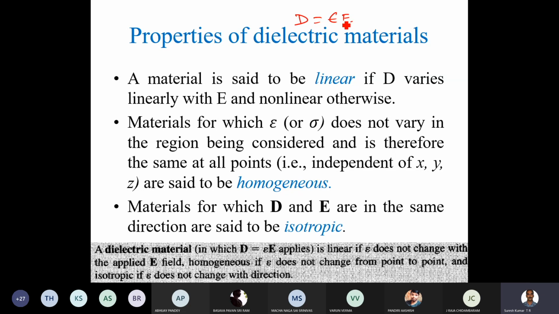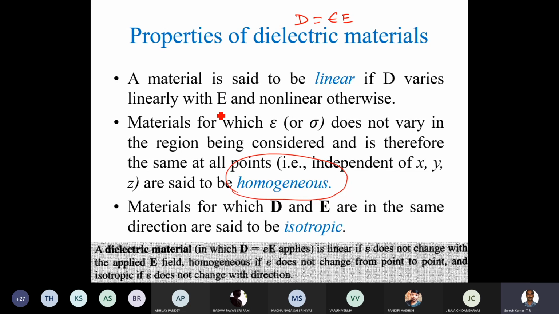Let us say a medium with relative permittivity of 4.4. If it is 4.4 everywhere, then we can say that medium is a homogeneous medium. And finally, the isotropic medium: if the permittivity is not changing with respect to direction, it's called isotropic. Homogeneous is more important. We will assume the homogeneous medium condition.